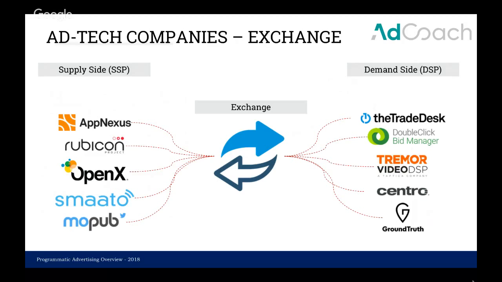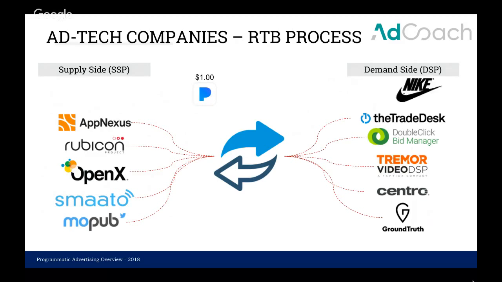So in the exchange, what happens is, first off, the SSP will put a piece of inventory onto the exchange with a bit of information, including a price. And that price may be $1, a $1 CPM. So in this situation, we may say one of these SSPs is working with Pandora, and they have available inventory that costs at least $1.